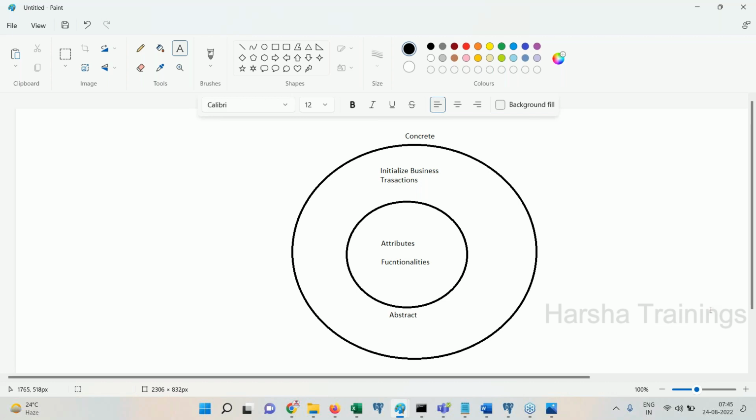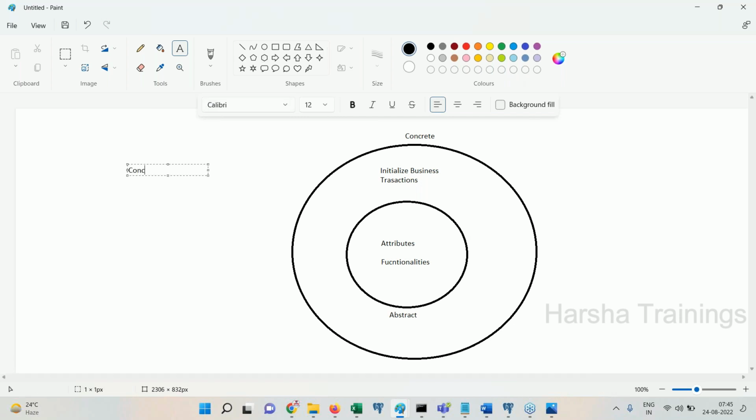But if the abstract class is a subset, why do we need a subset again in the technology? You understand my question? If a concrete class is there, which has all the abilities of abstract, why do you need abstract separately again? That means when technology was being designed and developed, first they created concrete classes only. They set up everything as concrete. They found a problem. What was the problem?